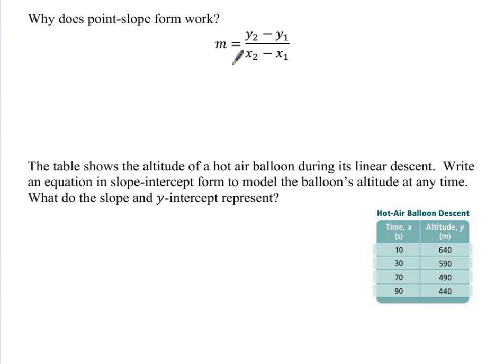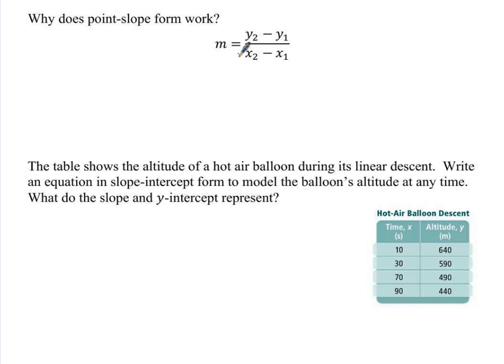By the way, what is this right here that we're looking at? When do we use that? When I give you two ordered pairs and you're trying to find the slope. This is the slope equation that you're looking at. And we know that the slope equation works. We've been working with it this entire chapter.